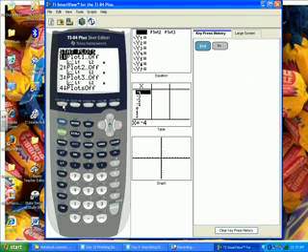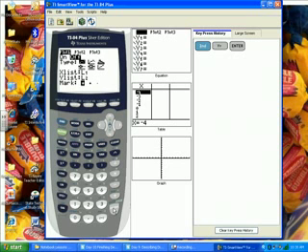The way you can do that is hit 4 enter and it'll turn them all off. All right, so I'm going to go into this first plot. I'm going to hit enter to go in there. So I've hit second y equals enter so far. Look, I'm going to turn it on.